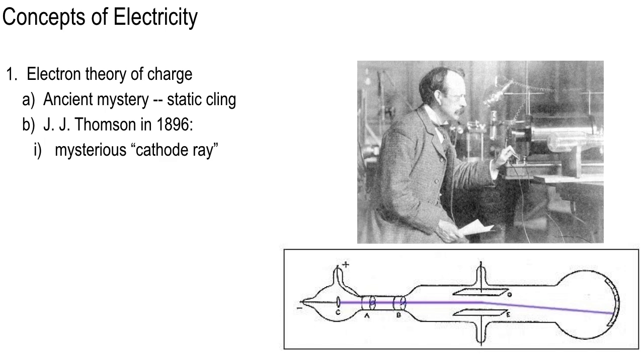In other words, take two pieces of metal, connect one end to the positive terminal of your battery, the other end to the negative terminal of your battery, and you have a cathode and an anode. And what they found is, if they have a big enough voltage, it'll generate these mysterious rays.